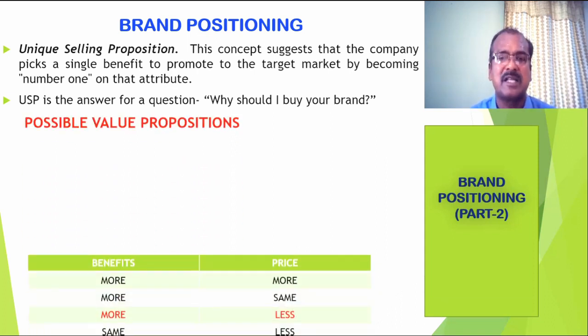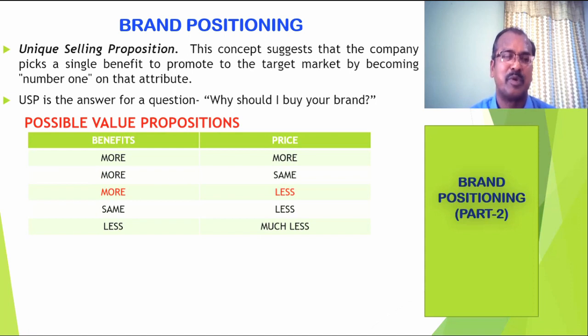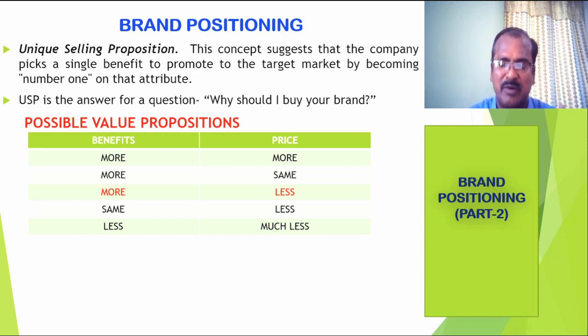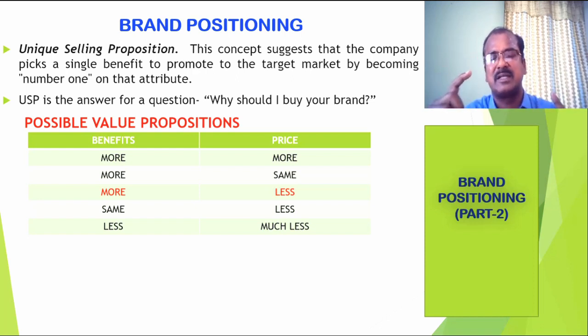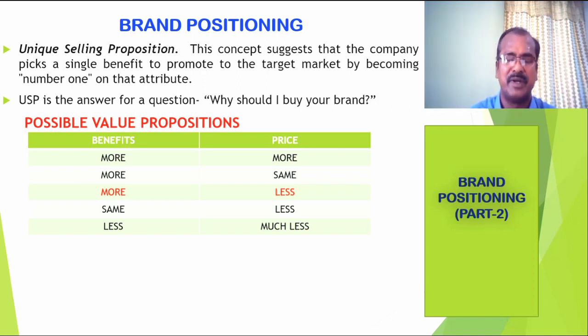Now, there are possible strategies of unique selling proposition given here in the table, and they have been derived considering two aspects: perceived benefits from the product from the perspective of customers, and the price the company charges for the product. Product, I mean the brand. More for more. That means what? We give you more benefits and you pay us more.